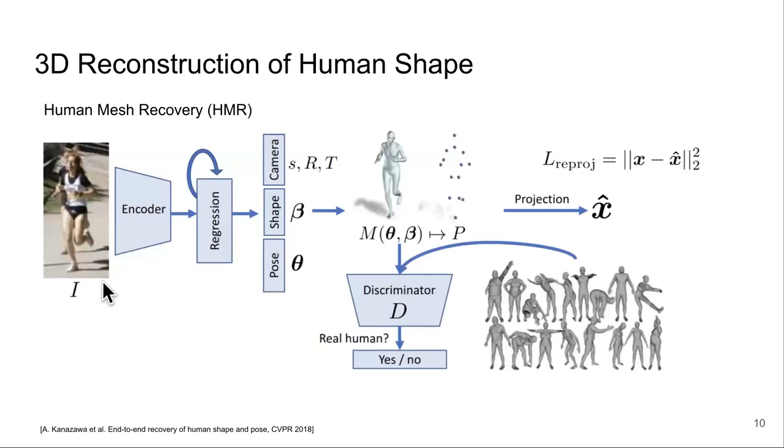Specifically, the authors use the human mesh recovery algorithm, HMR for short. The only thing that we need to know at this point is that it takes an image as input and regresses the properties of the camera, such as rotation and translation, and the human body shape, beta, and pose, theta.